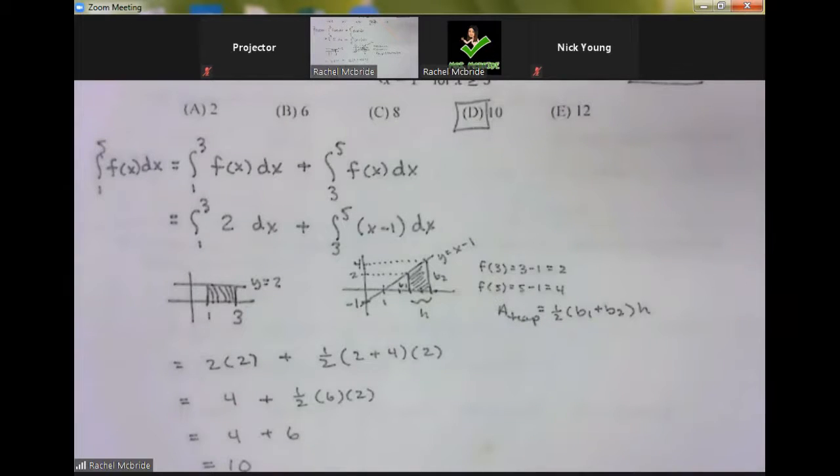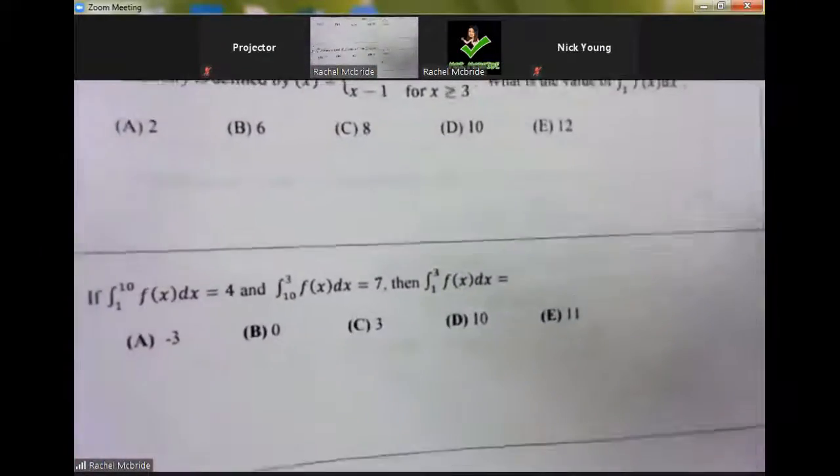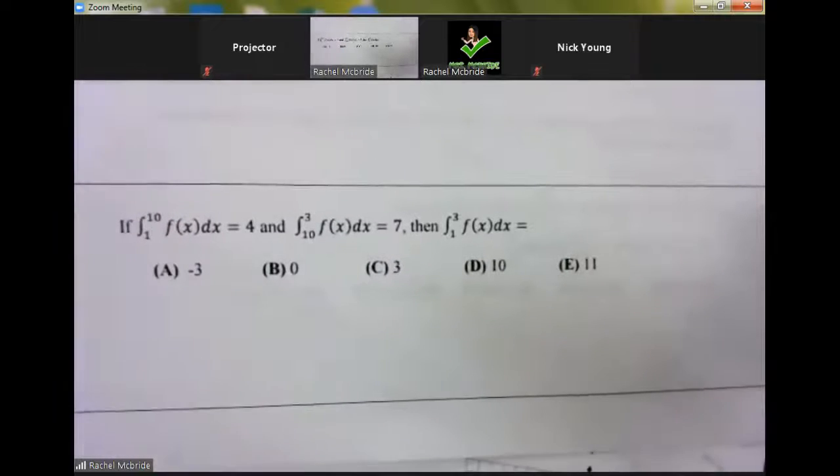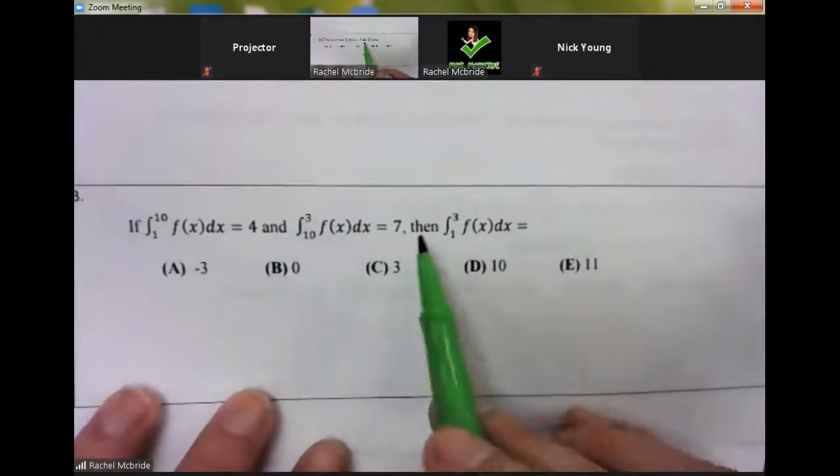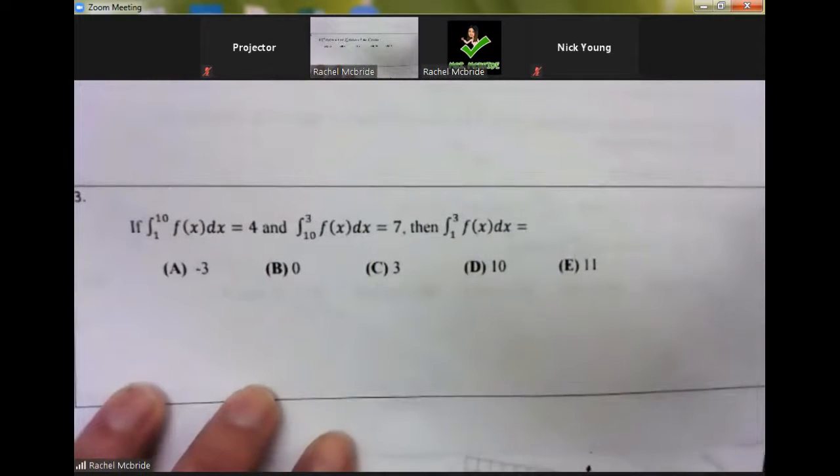And then number 3. I think we all did pretty well on number 3. Number 3 said, if the integral from 1 to 10 of f of x is 4, and from 10 to 3 is 7, what is 1 to 3?